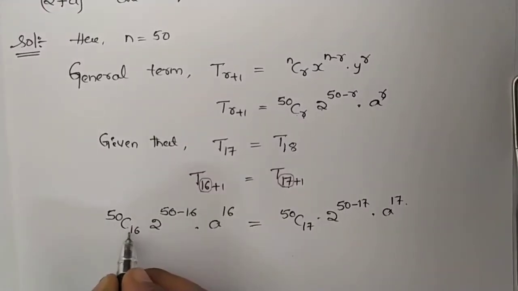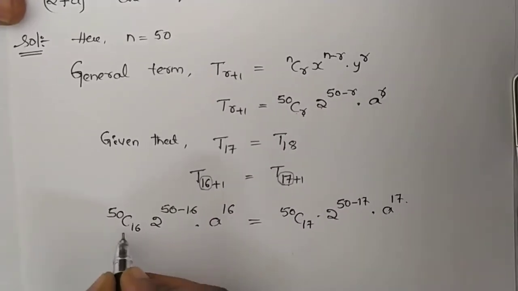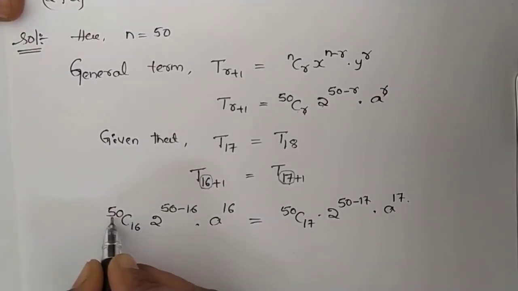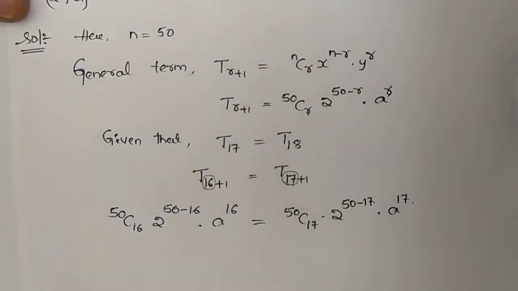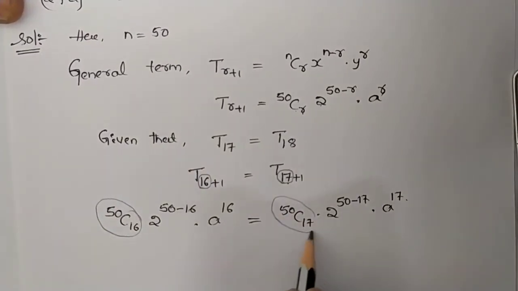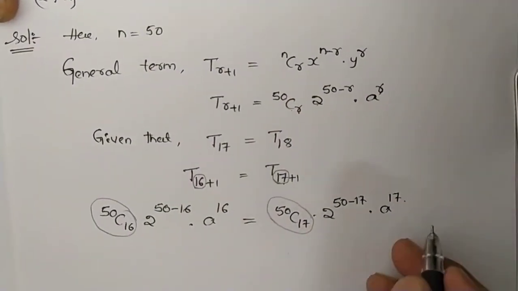We can't reduce 50C16 and 50C17 directly, so for these we will use the combinations formula.